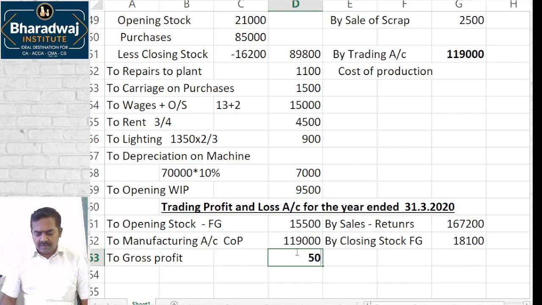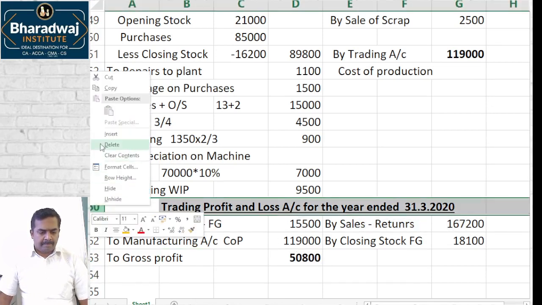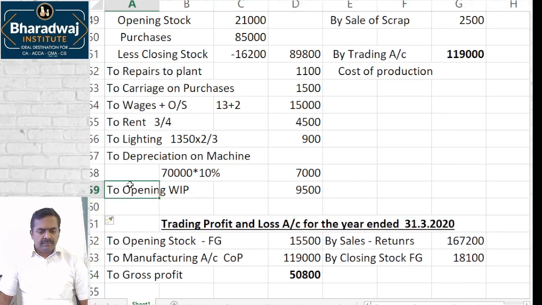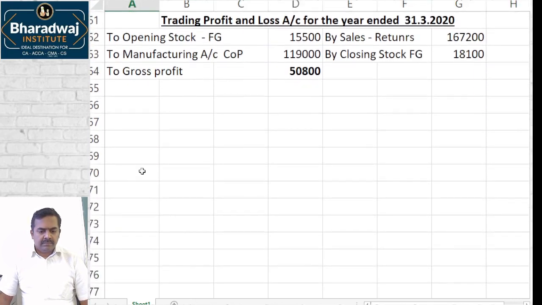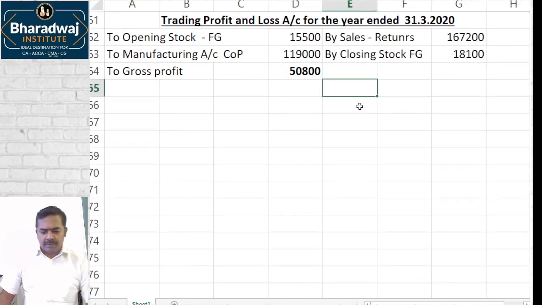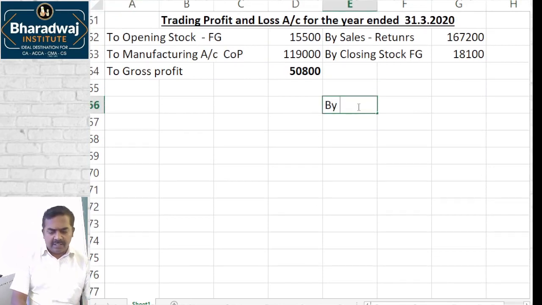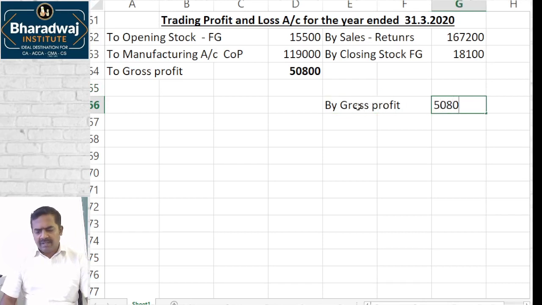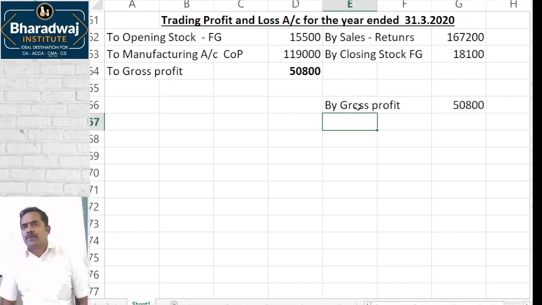Then bring the gross profit, record all the other incomes and expenses. Everything else is as usual. We are going to prepare it like a trader, that's all.